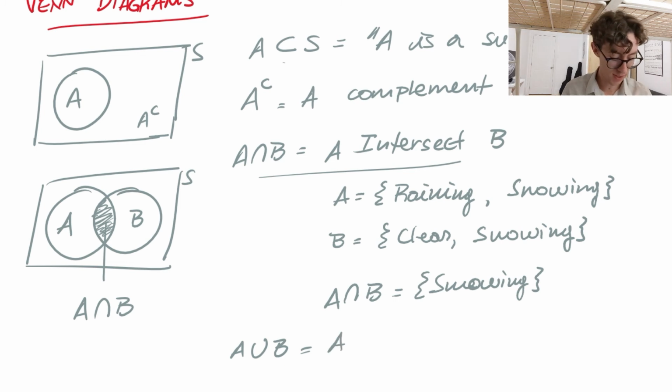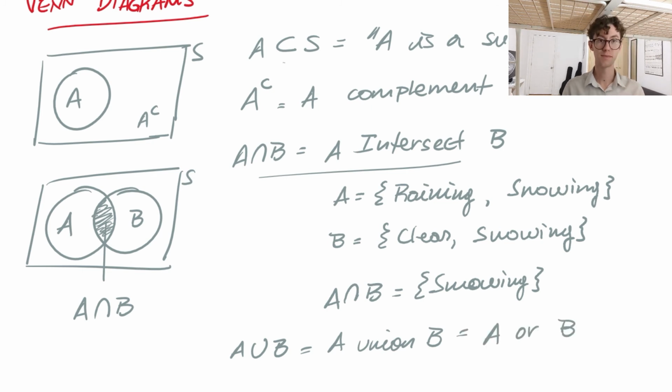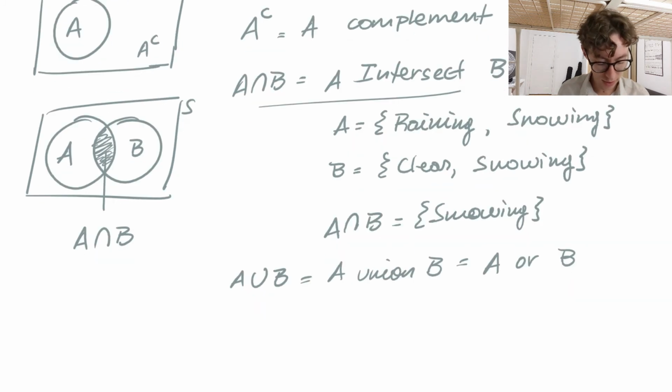So A union B will be either A or B, anything that is either on A or B. So our A union B is everything in here. I can draw this. This whole thing here is A union B.